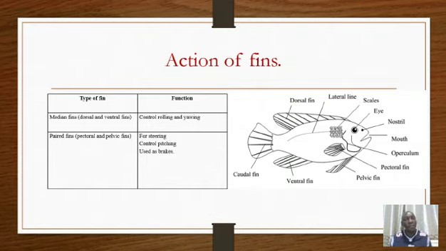In other words, the pectoral and the pelvic fins are the ones that control pitching. Remember, yawing is controlled by the dorsal and ventral, yawing, that deflection. Pitching, pectoral and pelvic fins.